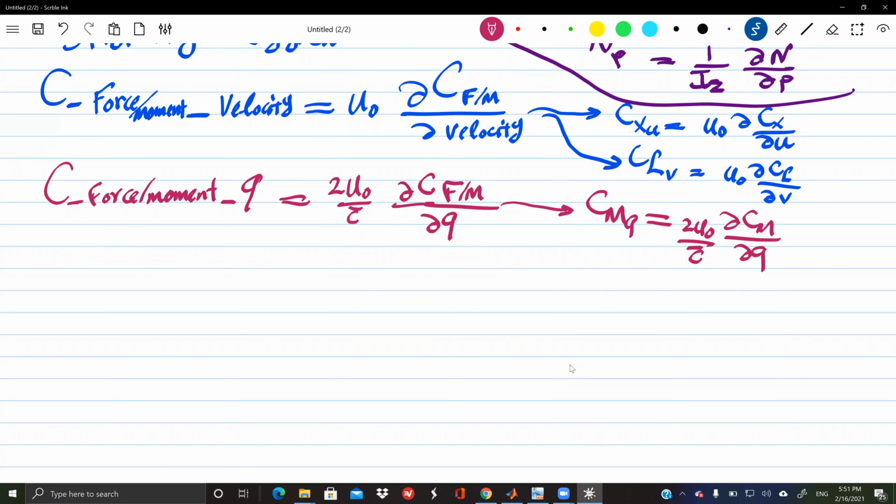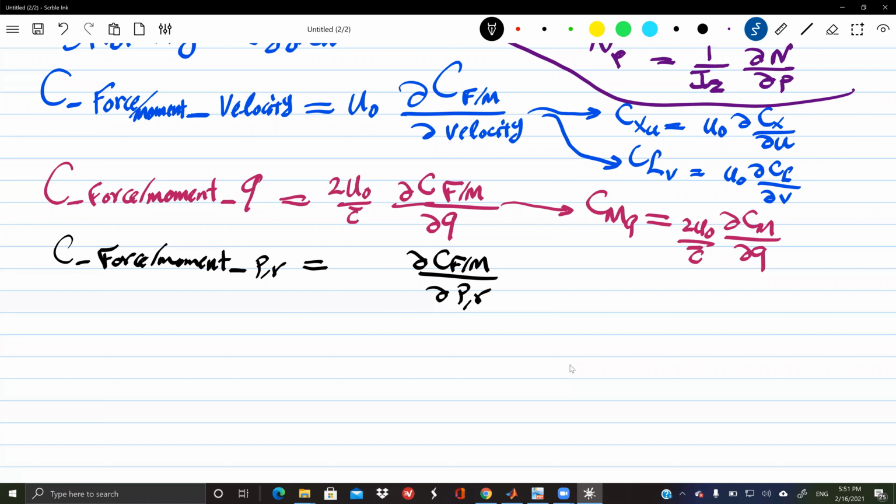The last thing ever, if I have C force or moment, but not Q, I have the other angular velocities like P or R. It's the same, partial C force or moment, partial P or R, and we also multiply by 2U naught over the reference length.